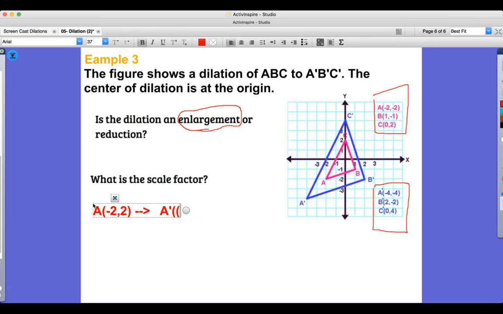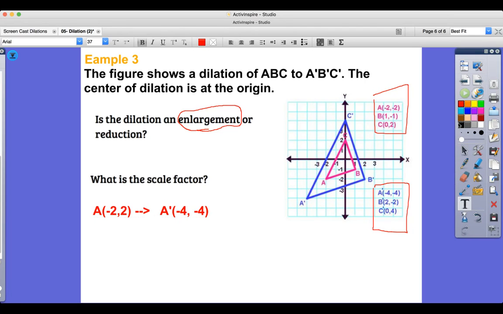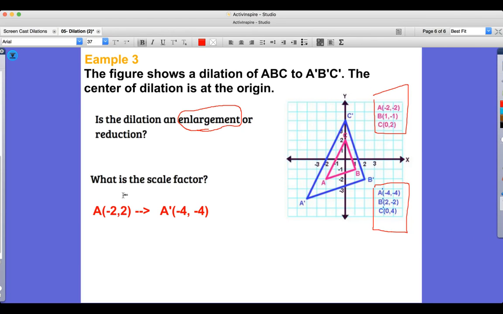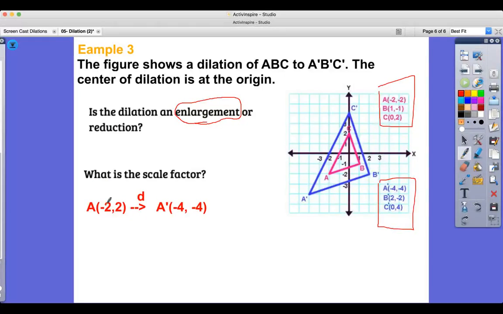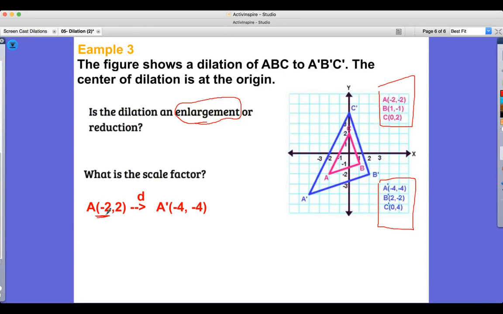Okay, negative 4, negative 4. So now in order to set up my equation, you know that a dilation D is going on here. It doesn't matter which value of the two we get, so I'm just going to stay consistent and get the first one. If I grab this value and multiply it by a dilation D, it should spit out this first value.